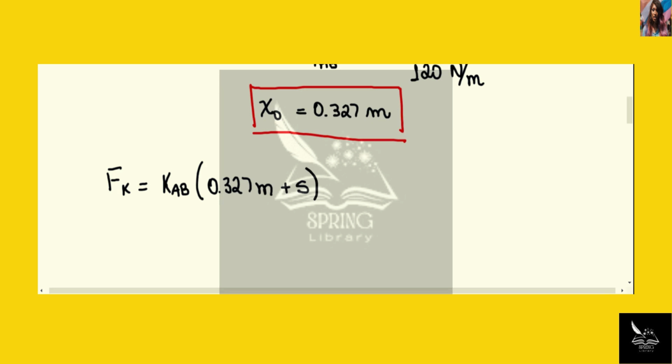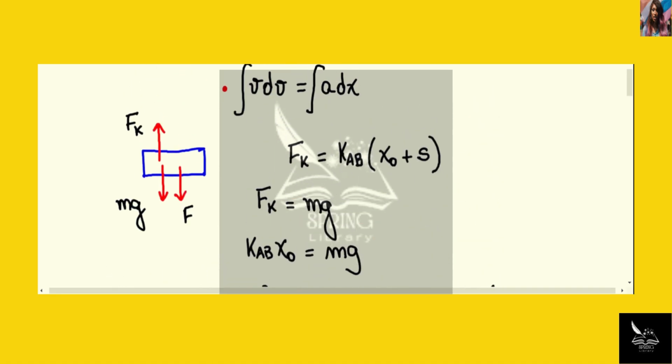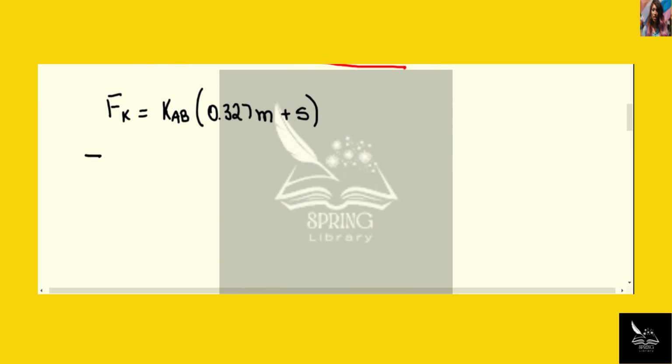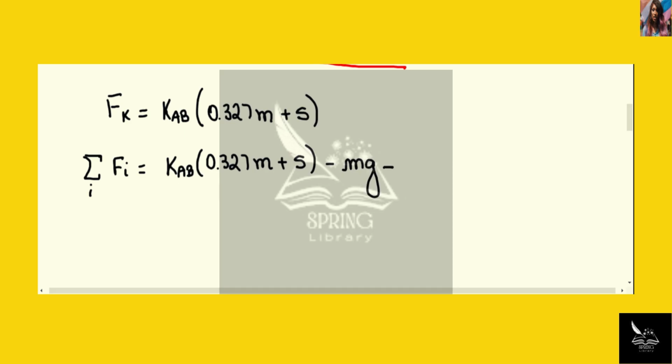And the free body diagram that we drew tells us that the sum of the forces, that is the net force, is equal to Kab times 0.327 meters plus s, minus mg, minus the force F, is equal to the mass times the acceleration.